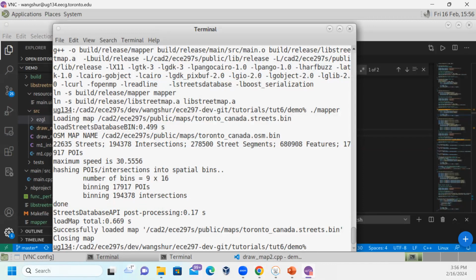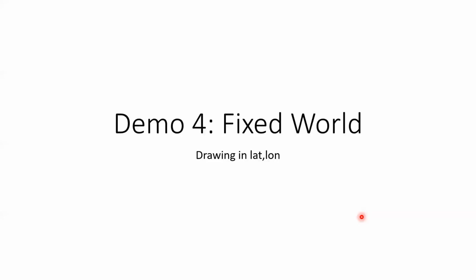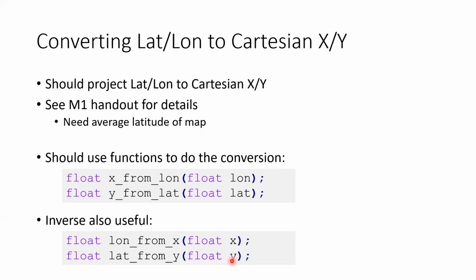So let's go back to the slide. We want to then convert the latitude and longitude to Cartesian x and y to show the correct projection. This conversion is outlined in your milestone 1 handout. And you should be writing your own conversion functions, helper functions, to and from lat longs.